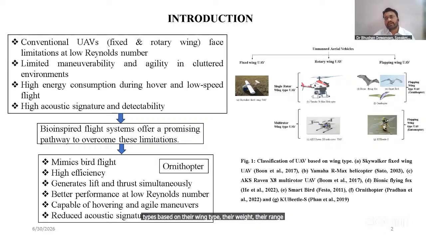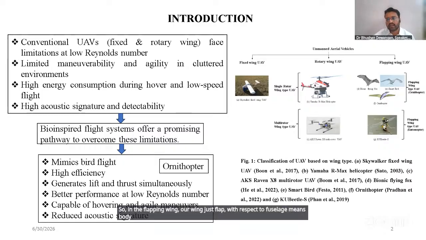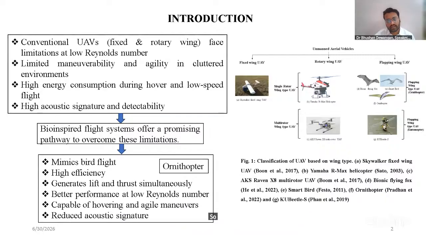In the flapping wing, our wing just flaps with respect to the fuselage, meaning its own body. If we characterize based on the wings, we have three types: fixed wing UAV, rotary type UAV, and flapping wing UAV.